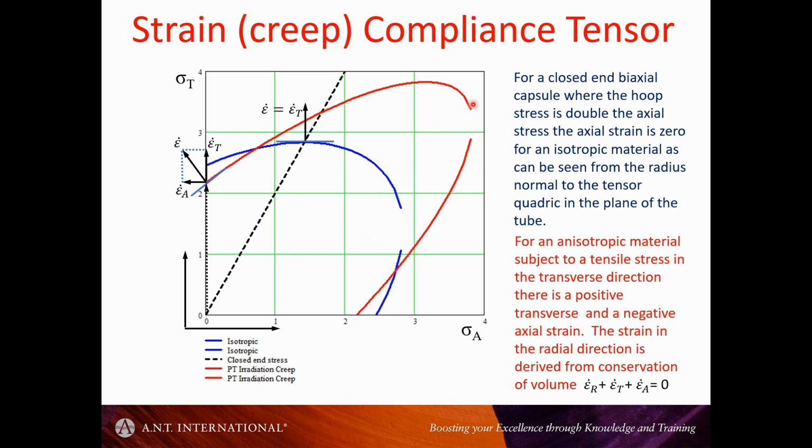However, let's consider another case, an anisotropic material, in this case something which is harder in the radial direction. This would be the case for that high radial basal texture. So the transverse and the axial yield stresses, if we have fewer basal poles in those directions, are going to be softer in those directions.